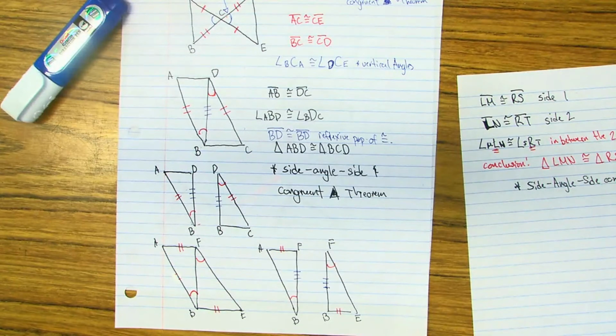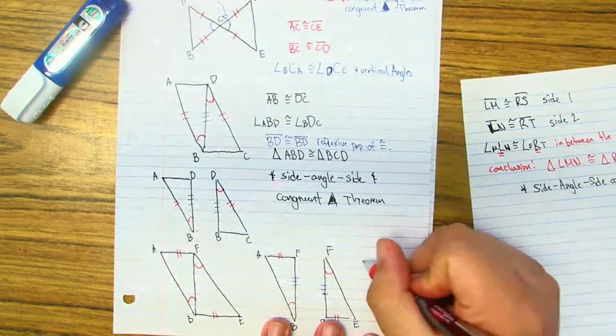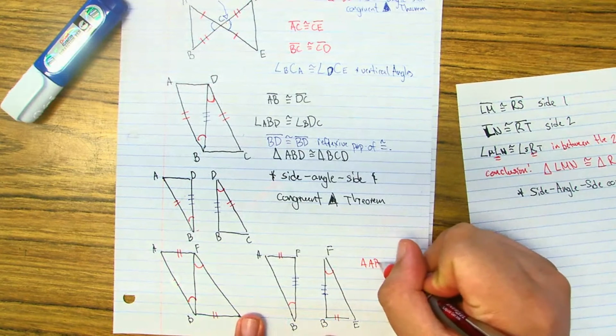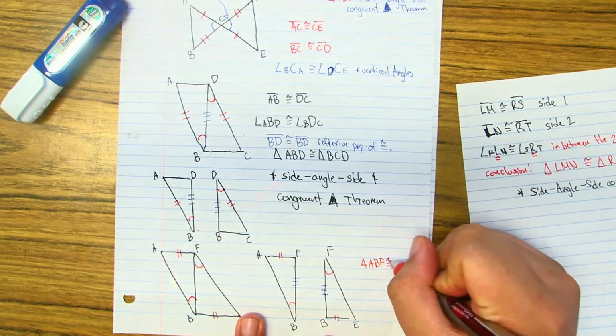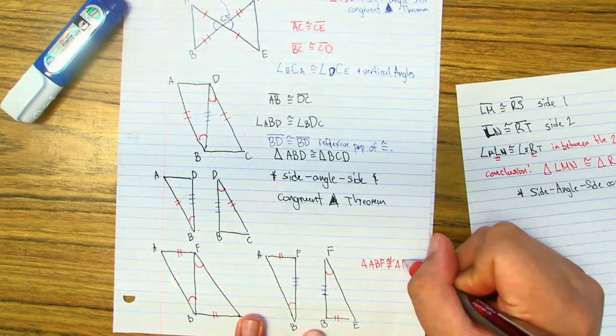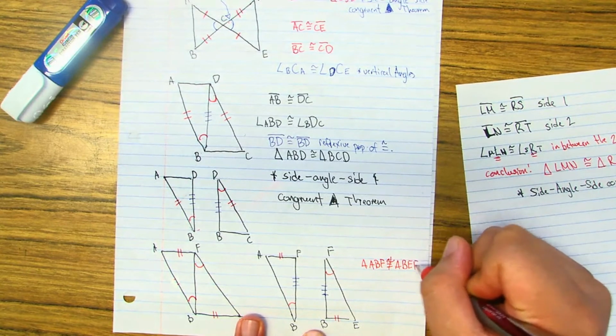Why are the triangles not congruent? Sorry. Why is triangle ABF not congruent to triangle BEF?